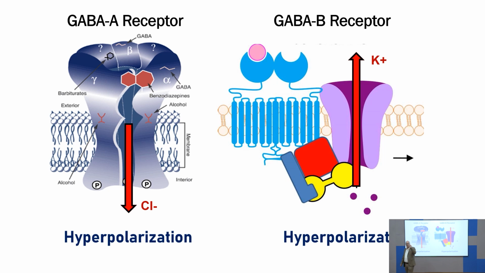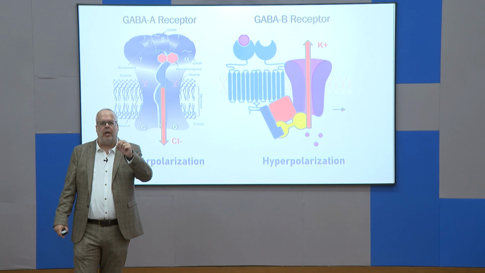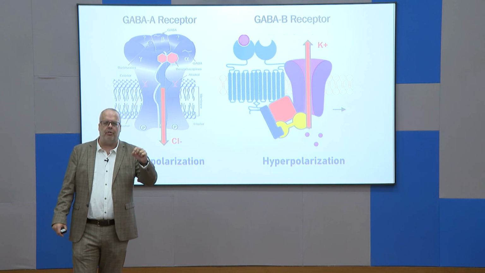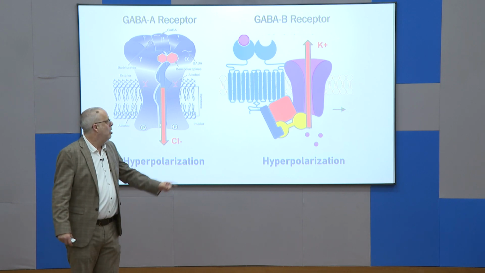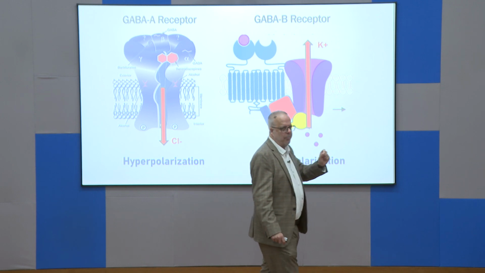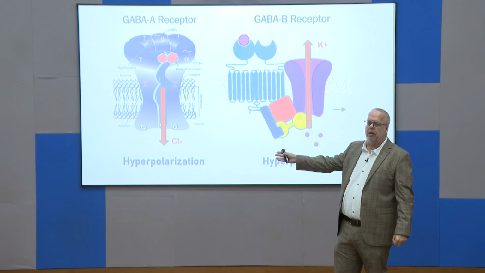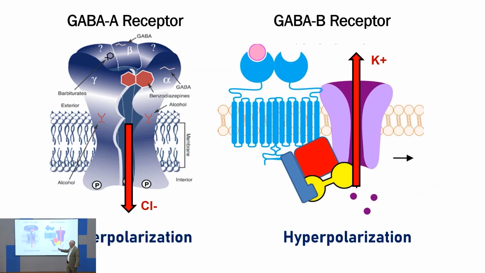Now, I just showed you GABA here a moment ago, and if you recall from our last episode, we think of GABA as the primary inhibitory neurotransmitter in the brain because it hyperpolarizes. We already established that with a GABA A receptor, if GABA binds, the channel opens, and we have chloride flow in. Hyperpolarization.